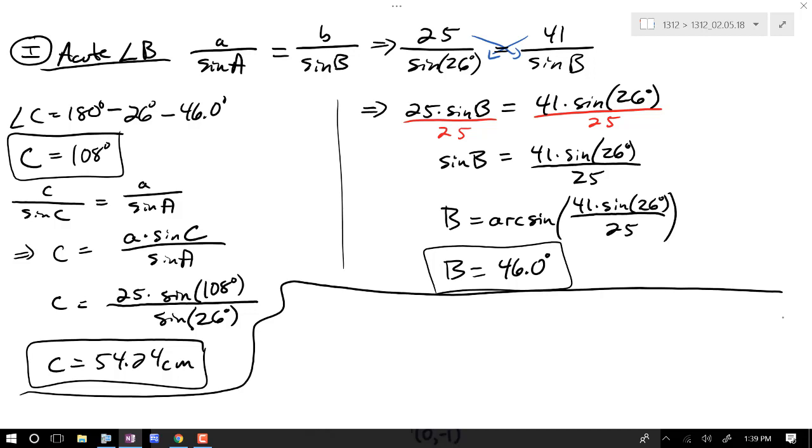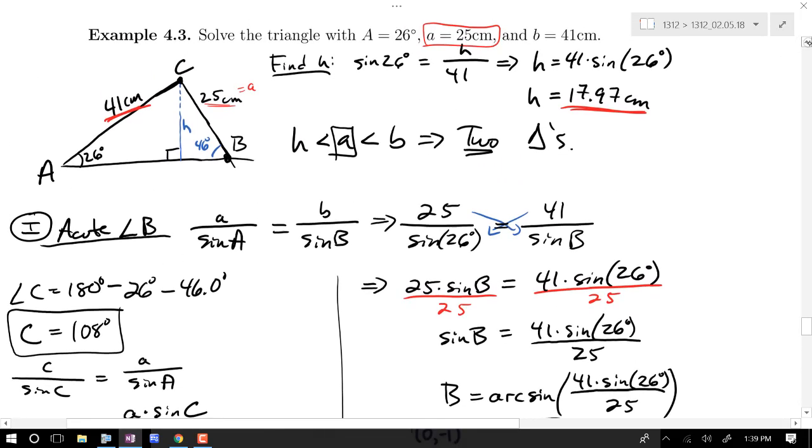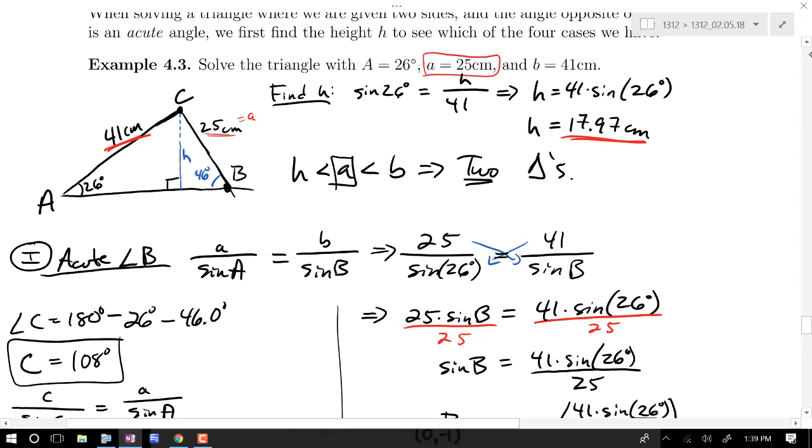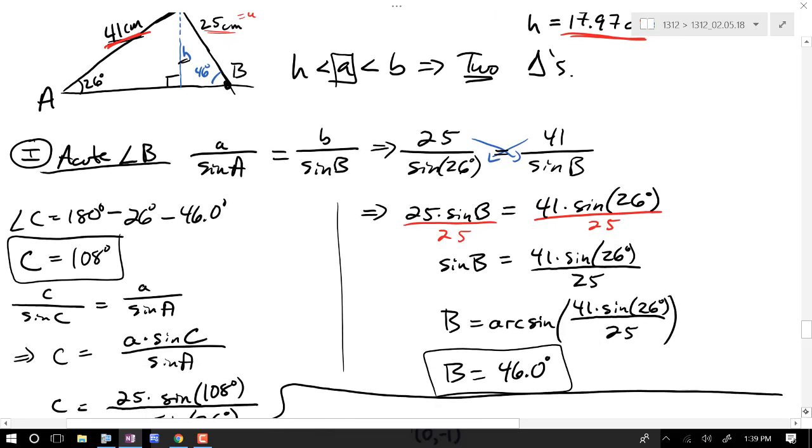So we're not quite done with this problem because we have another whole triangle to solve for. We started out figuring out how many triangles we could draw with this given information. And we said, well, A is certainly long enough to make a triangle because it's larger than the height of the triangle, but it's shorter than side B, that adjacent side. And so that puts it in this sweet spot where we get two possible triangles.